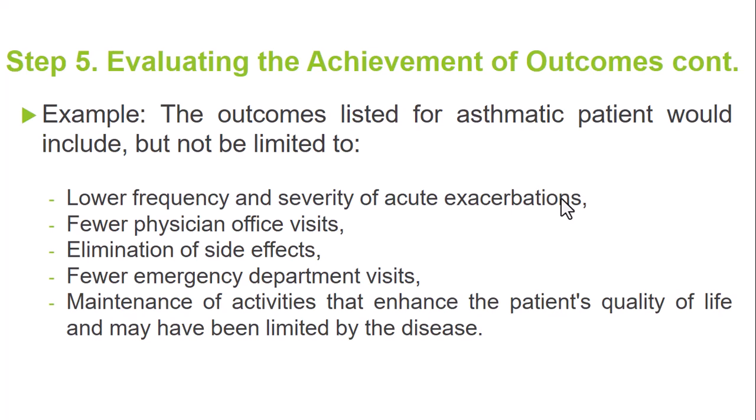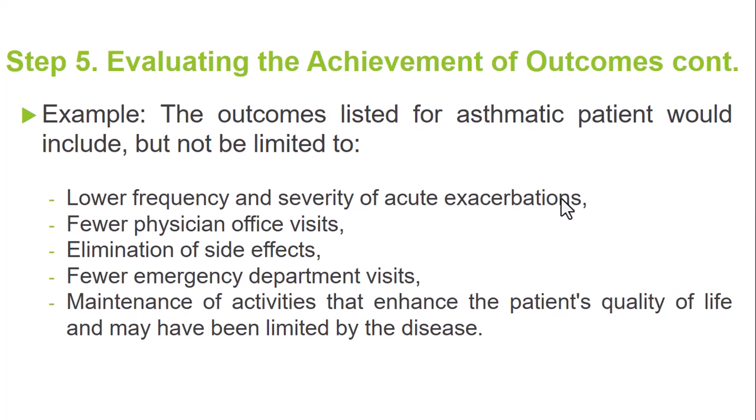So we are continuing with our step 5, and we say there are 5, so we are in the last step. So we have an example: the outcome listed for asthma for a patient in the previous slide. We see that the outcomes listed for an asthmatic patient would include, but not be limited to, lower frequency and severity of acute exacerbation, fewer physician's office visits.